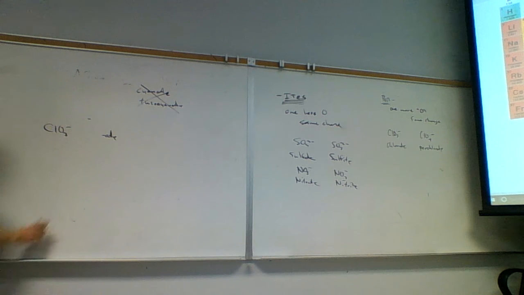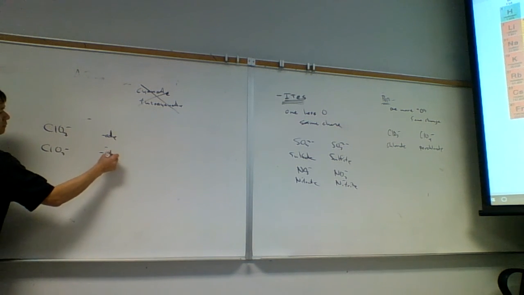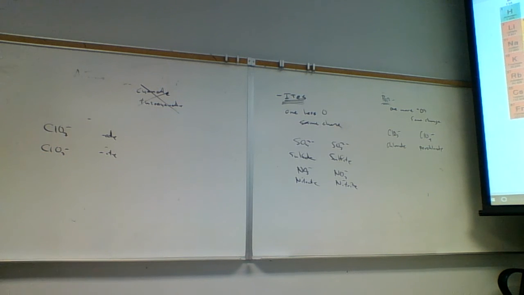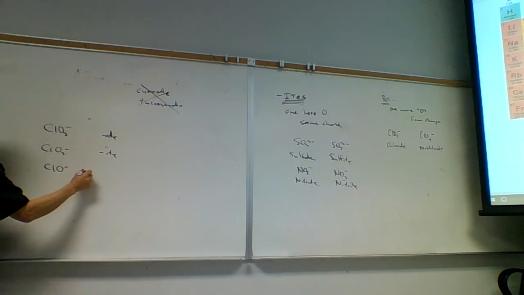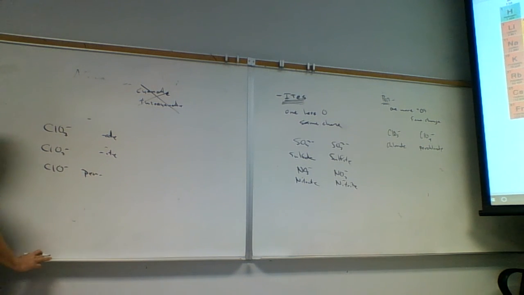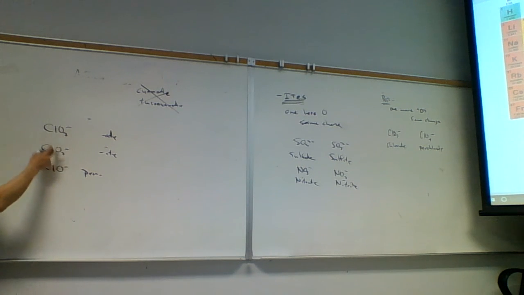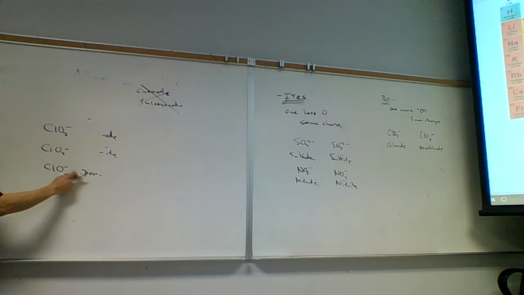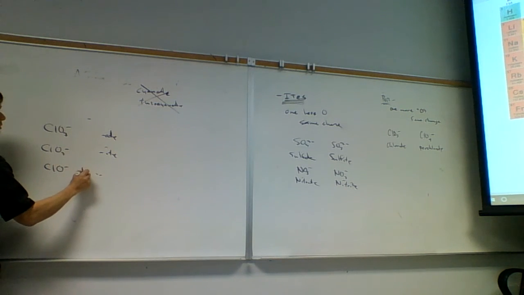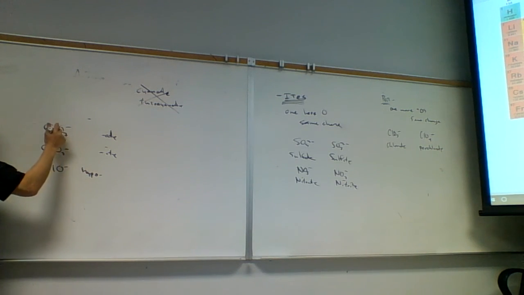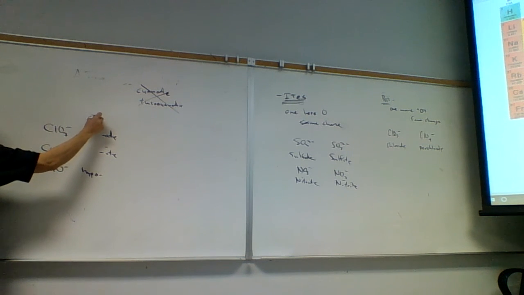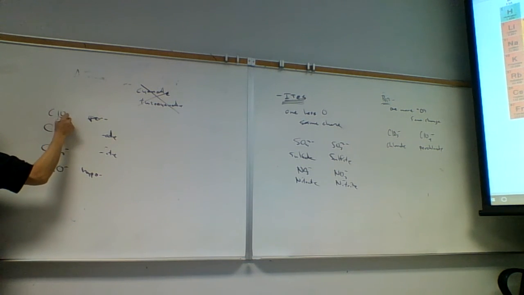One less oxygen would be ClO2 minus, which is chlorite. And then one less oxygen than that, rather than calling it an -ite, we're going to call it hypochlorite. So ClO minus is hypochlorite. And one more oxygen than chlorate would be per, and this would be ClO4 minus.